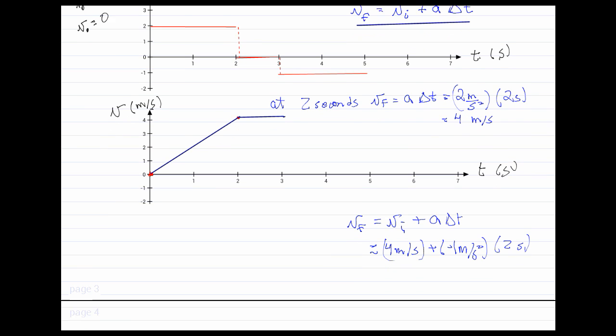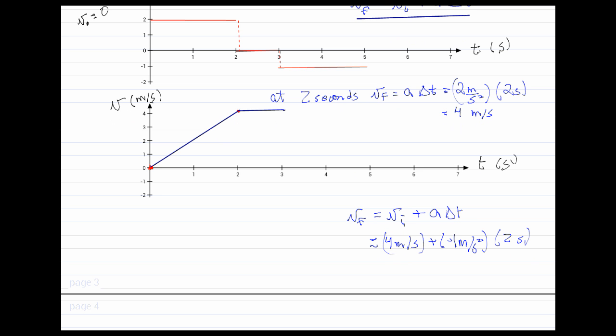So if you look at this, it's 4 plus minus 2, which is 2. And that's in meters per second. Note that this second cancels with one of these. Alright, so essentially we go from 4 meters per second down to 2 meters per second at time equals 5 seconds, in 2 seconds.